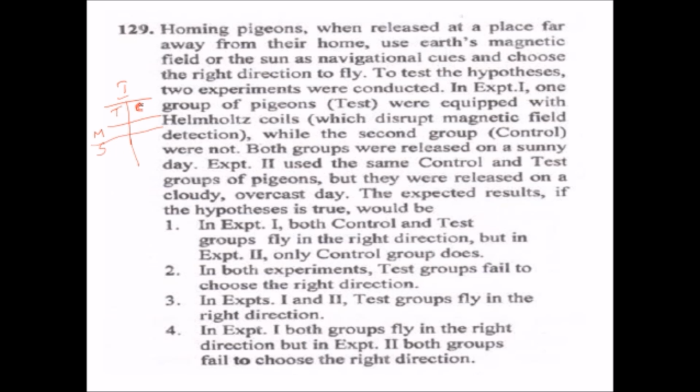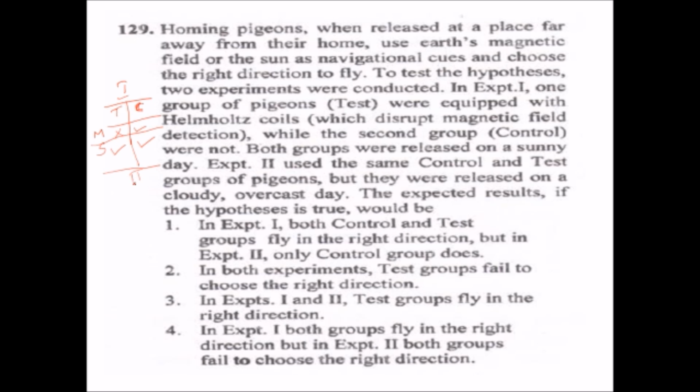The control doesn't have any magnetic hindrance, so it will be able to track their home with the help of the magnetic field as well as the sun navigation, but the test will not be able to track their home with the magnetic field but can track with the help of the sun. Next experiment is experiment number 2.